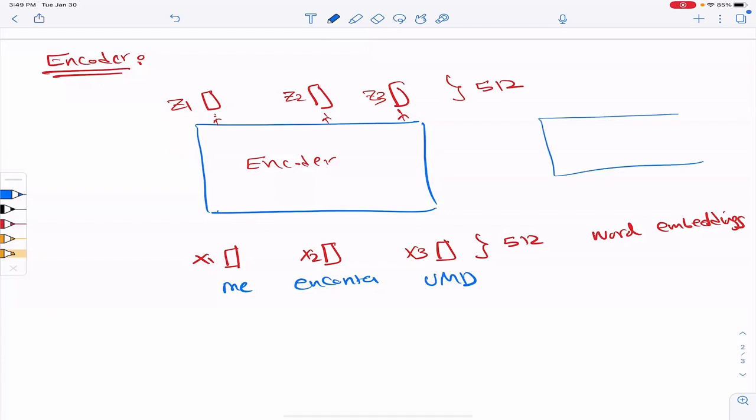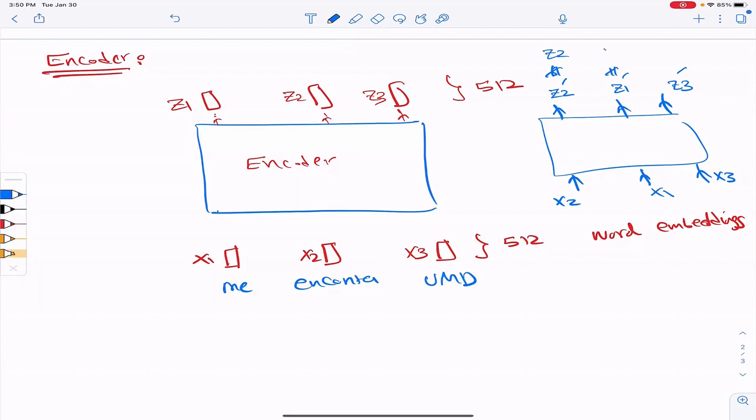Let's say for this example, I have x2 first, then x1, and then x3. Do you expect to get z2, z1, z3 as the outputs, or do you think it should be some other vectors that are different from the previously encoded versions of these tokens?